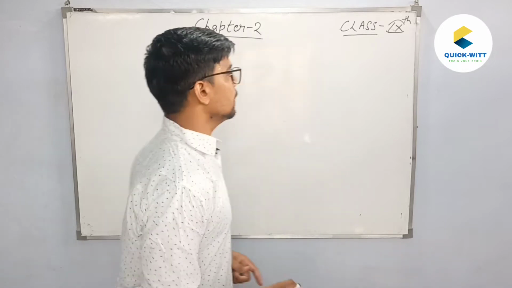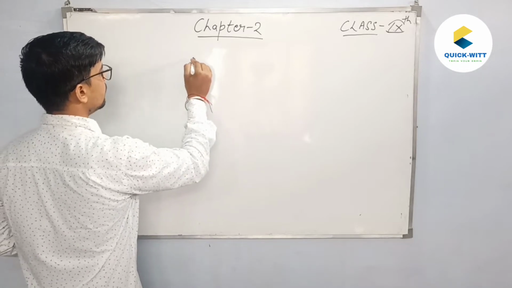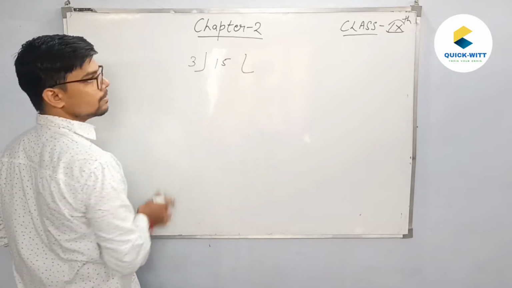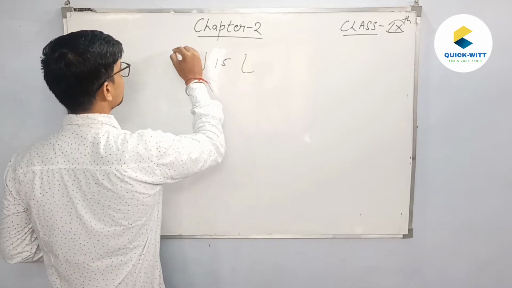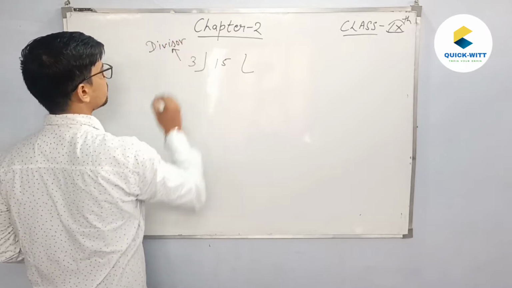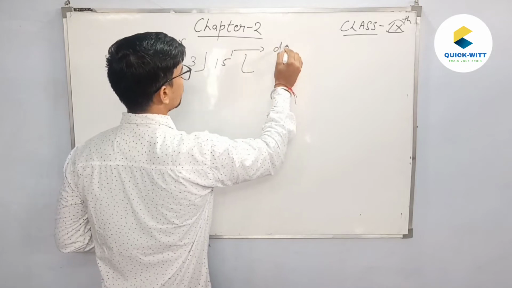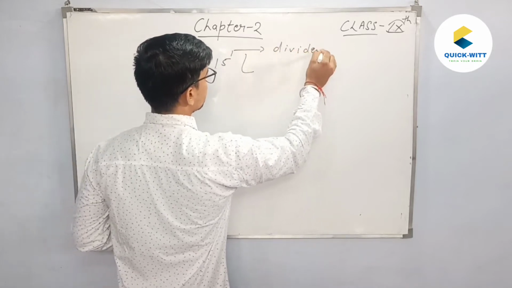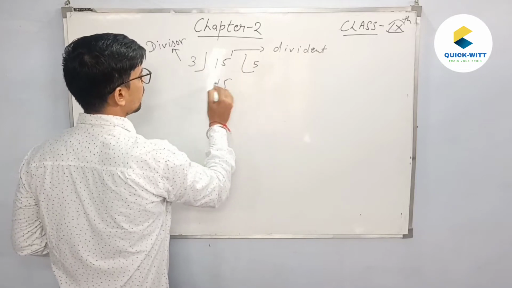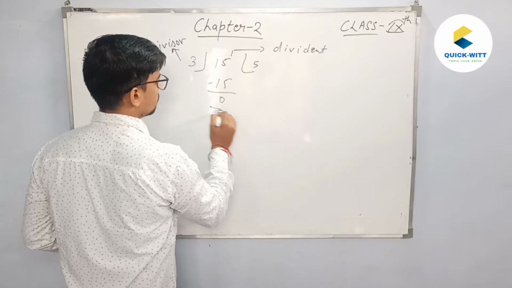Okay, so firstly, if I divide 15 by 3, here 3 is divisor, 15 will be divided, and if I multiply it by 5 I will get 15 and it will be 0.